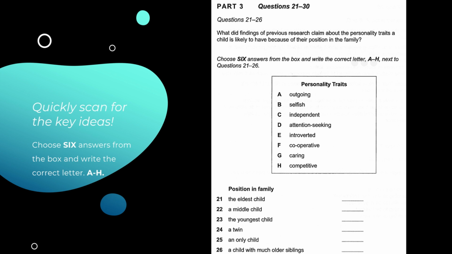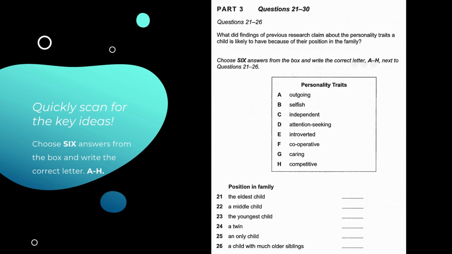Choose 6 answers from the box and write the correct letter, A through H. Part 3. You will hear 2 psychology students discussing the effects of the order in which the children in a family are born. First, you have some time to look at questions 21 to 26.